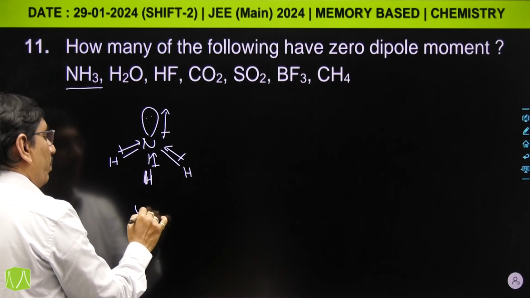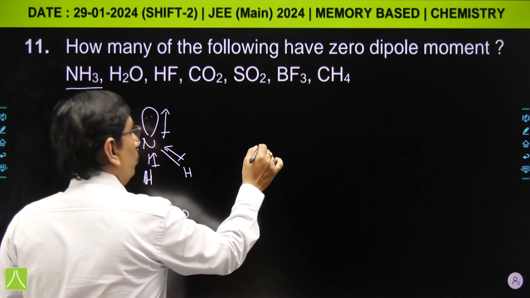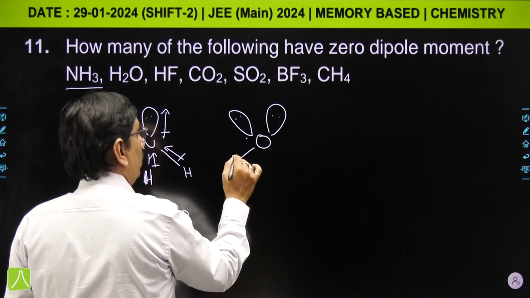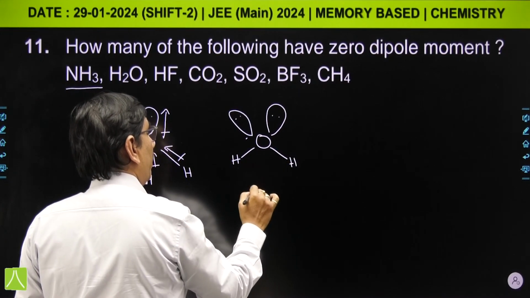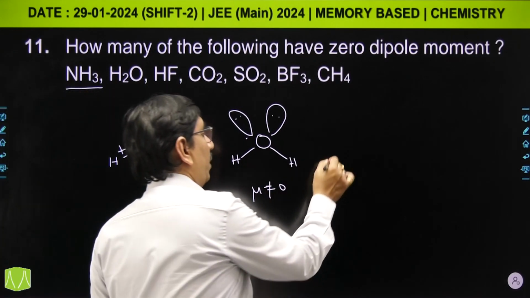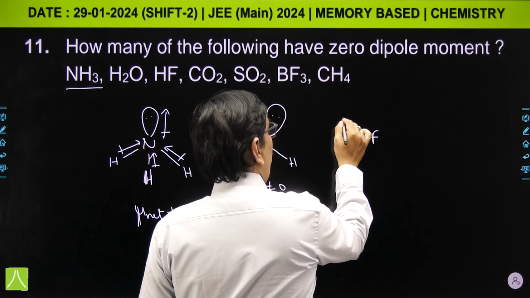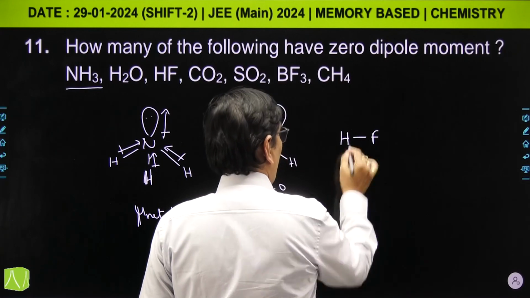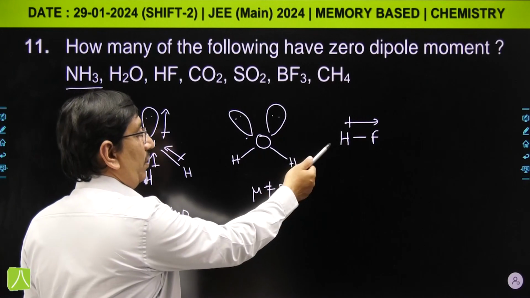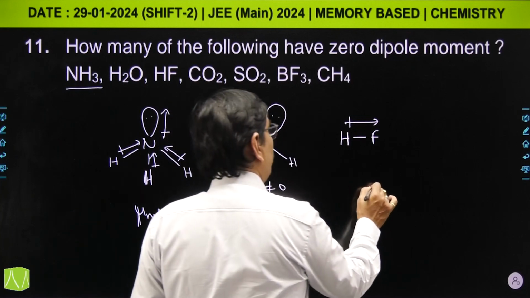So, the net dipole moment will not be 0. Next, H2O is also having two lone pairs, and the net dipole moment for this is also not equal to 0. And HF has hydrogen and fluorine, different electronegative elements.